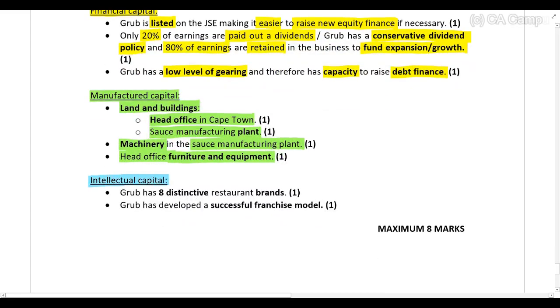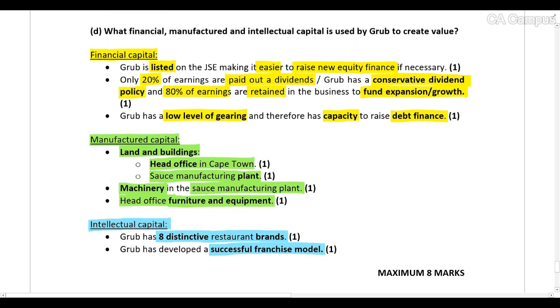So for intellectual capital, we've got the 8 distinctive restaurant brands, and they've also developed a successful franchise model.